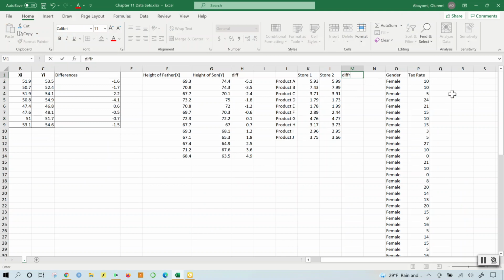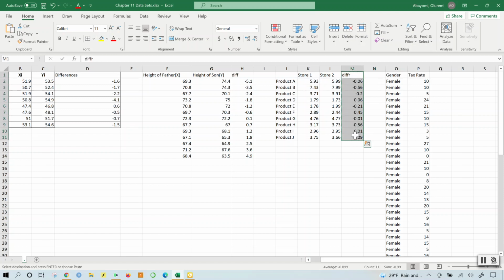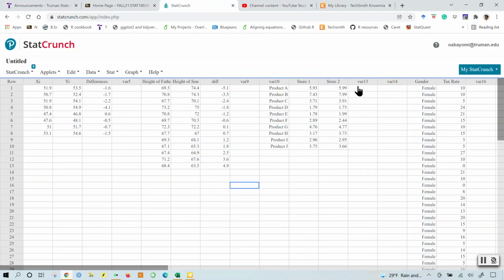I'm going to call this DIFFR, and this will be equal to the first value minus the second value, and enter. And then again, I will drag all over here. With that said, I will also get the values here. I'm going to copy these differences and take them over to StatCrunch.